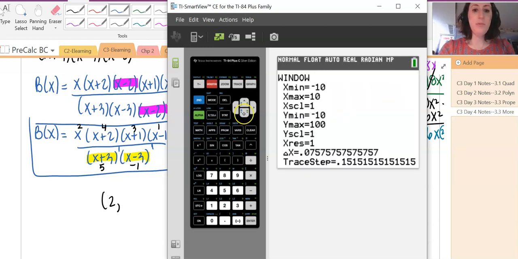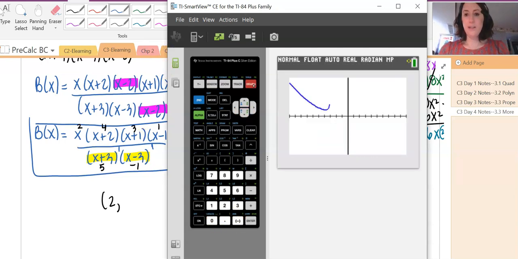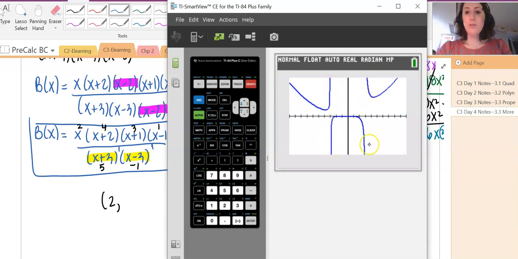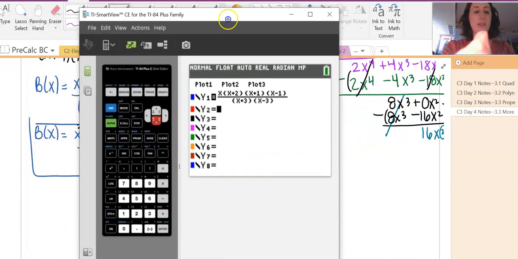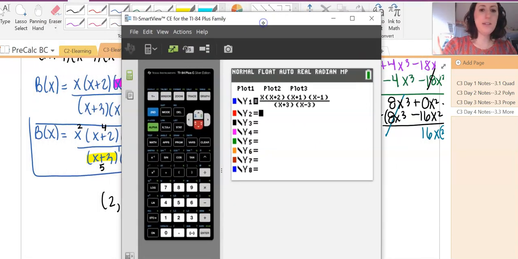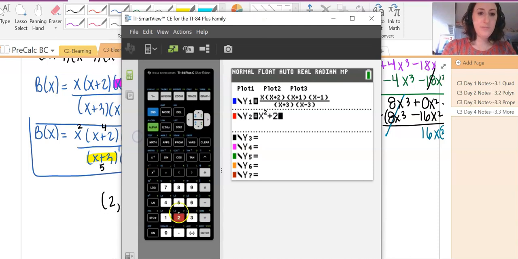And let me move my Y min. I'm just going to make it look a little more even. Okay, so here are my vertical asymptotes, all right? And now I'm going to put in the end behavior asymptote, which was x squared plus 2x plus 8, I want to say. So again, what this should be doing is it's influencing the curve.